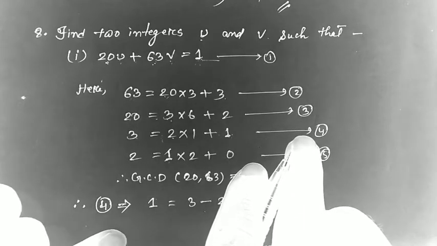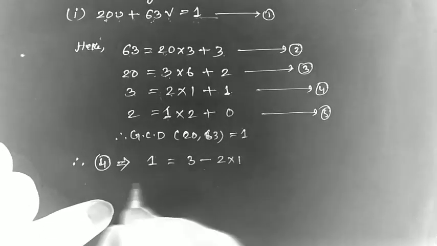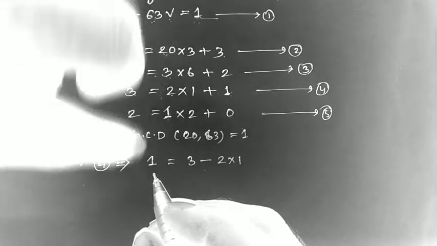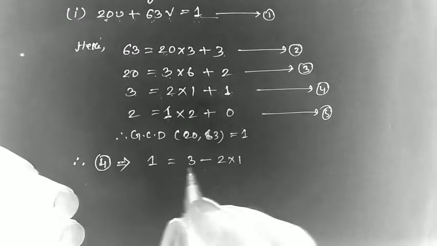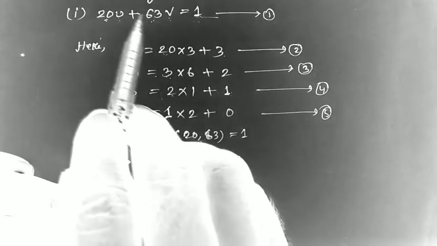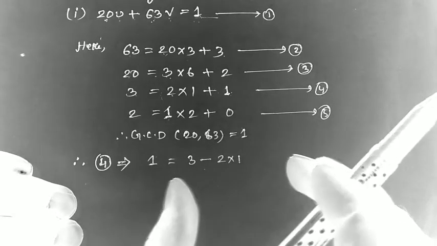So the GCD of 20 and 63 is 1. Therefore, 1 is present as remainder, that means GCD is present as remainder, in equation number 4. So we will take equation number 4.